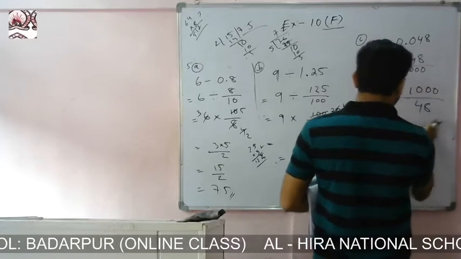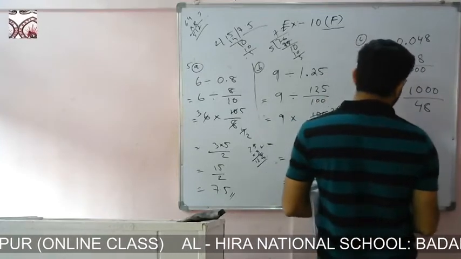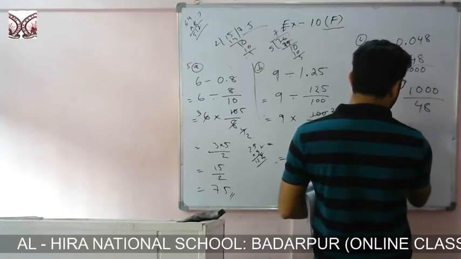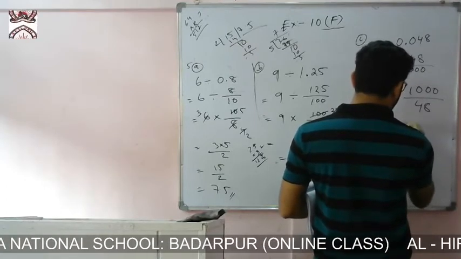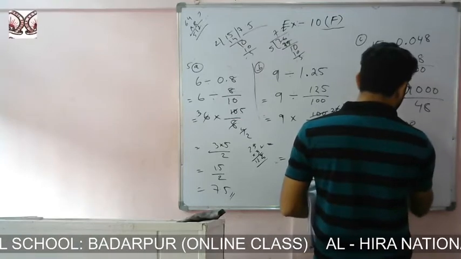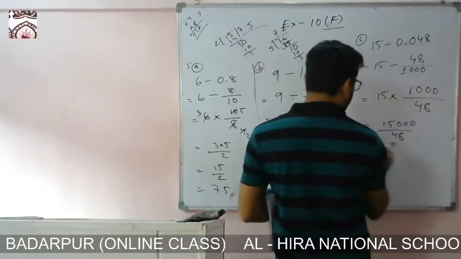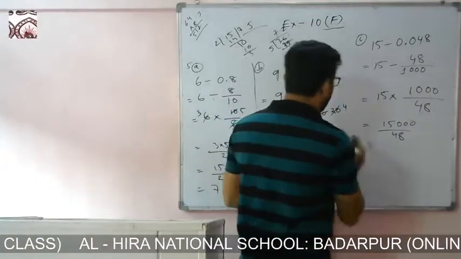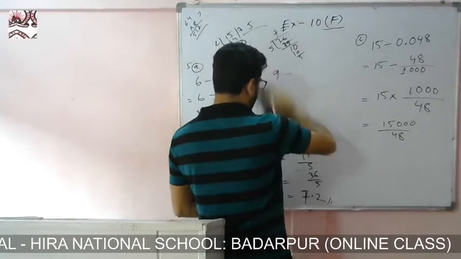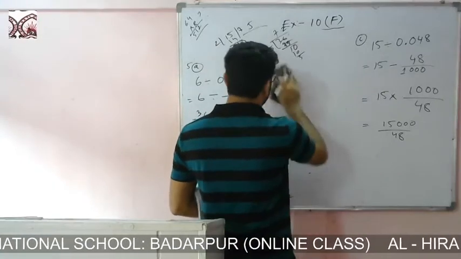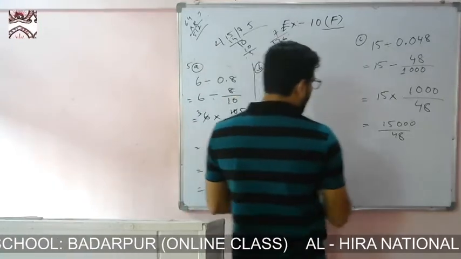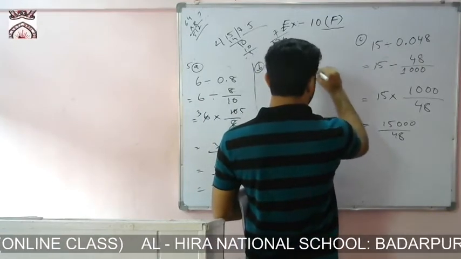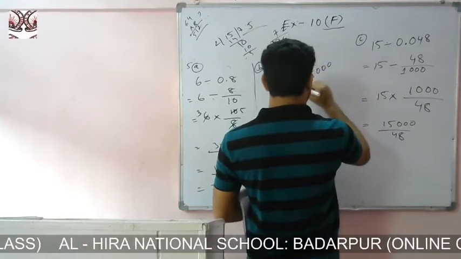Now you cancel. Okay. You write this one: 15,000,000 divided by 48. Now we cancel this 48. What will you get as the answer? Okay. You check. 48 into 15,000.